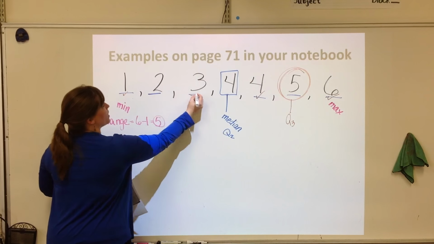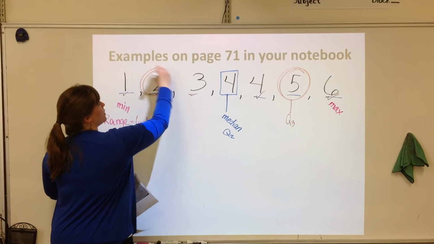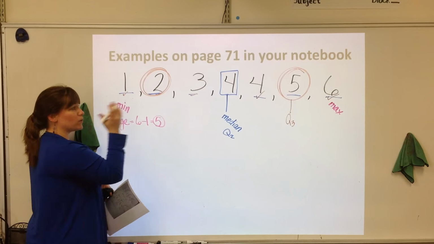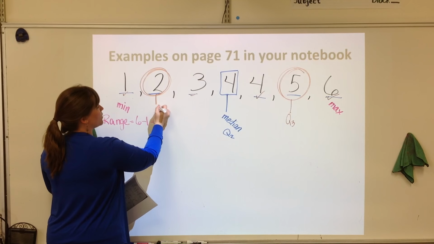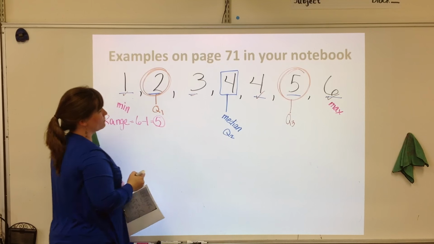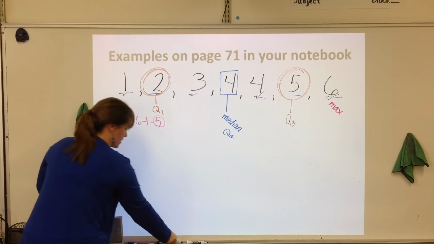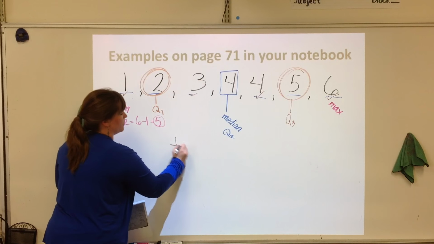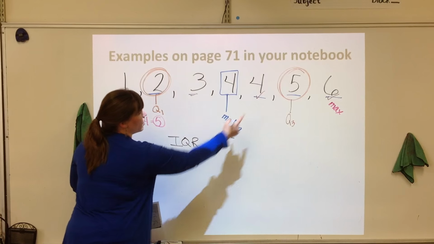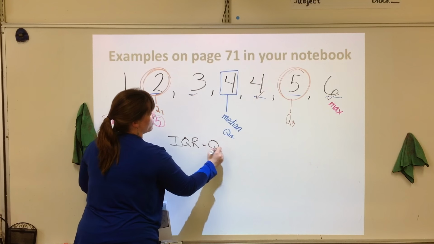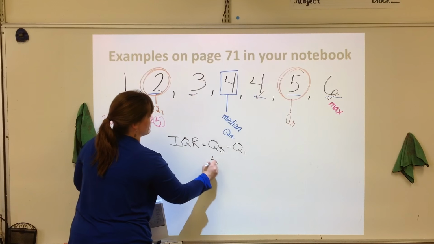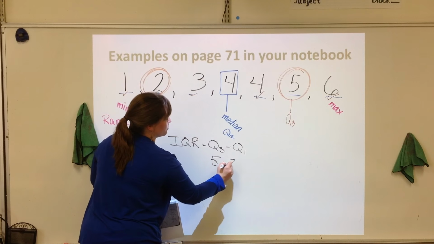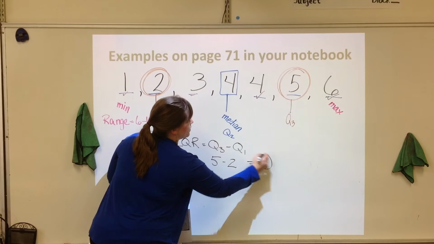Again, still 3 numbers, which means our 2 is the middle value of the lower half. And so this is going to be Q1. In order to find the IQR, we're going to take our Q3 and Q1 and subtract. So we have 5 minus 2, so our IQR is 3.